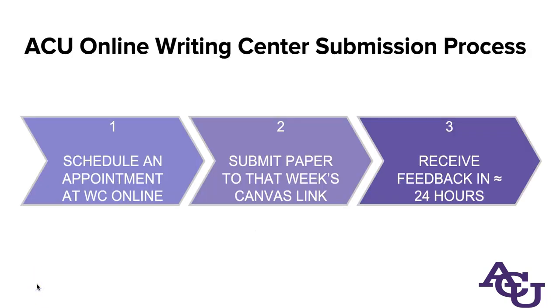The general process for scheduling an appointment starts with scheduling the time. You do this through the my.acu.edu system, and through that you have a link to access our scheduling system. You can schedule a time. If you're scheduling an asynchronous appointment, by the time that appointment rolls around, you want to make sure you upload a copy of your course paper, and then we'll send you feedback generally within 24 hours of the scheduled time.